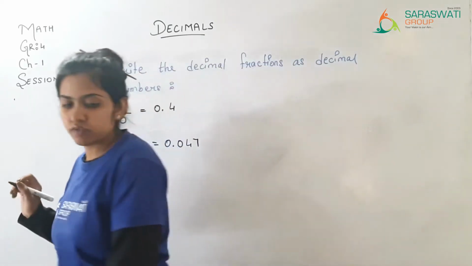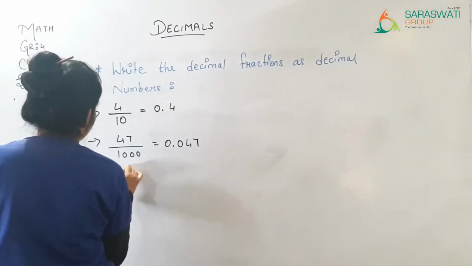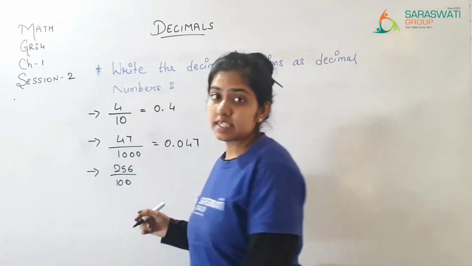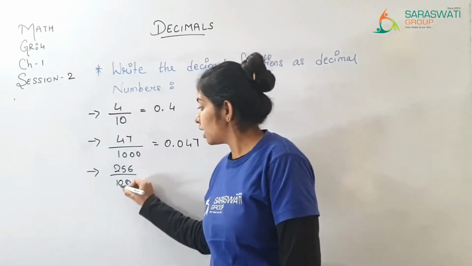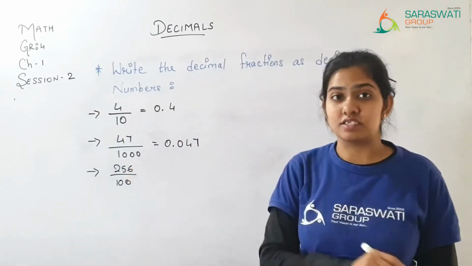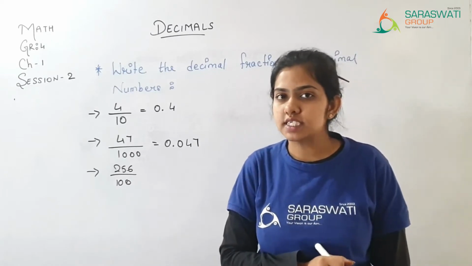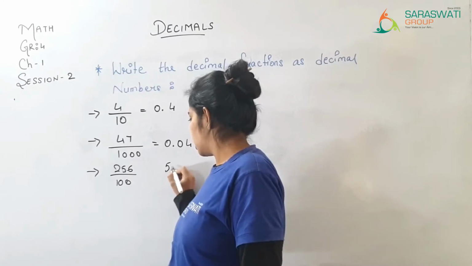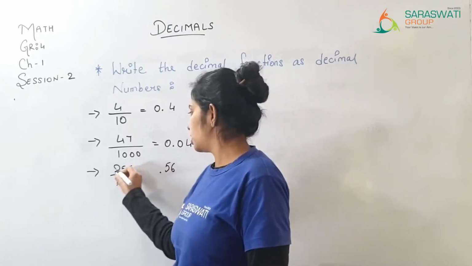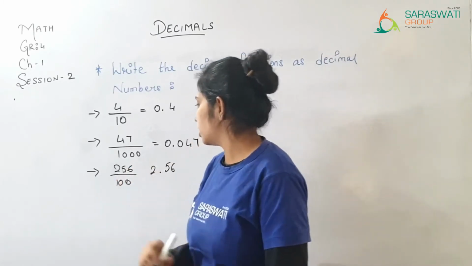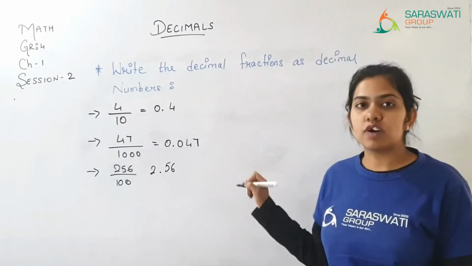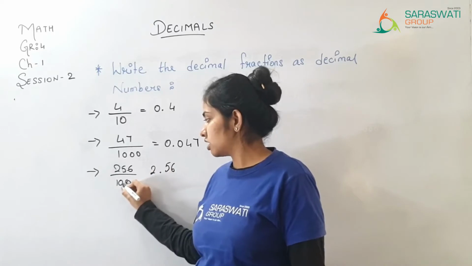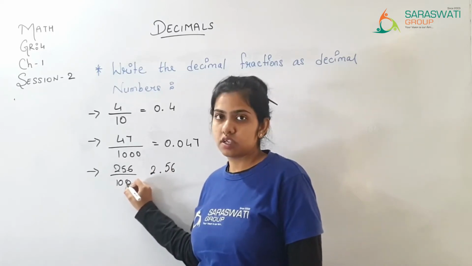Now if it is 256/100, here we have 2 zeros and 3 digits. Then how are we going to write it? First count these 2 digits, 5, 6, then put a point and write 2 over here. So your answer is 2.56. We are supposed to write only 2 digits after the point because here it is 2 zeros, right?